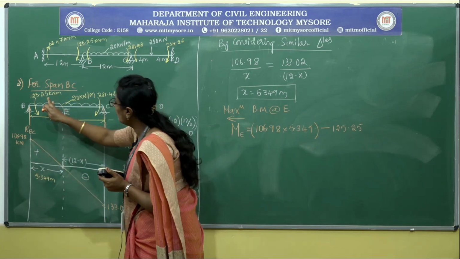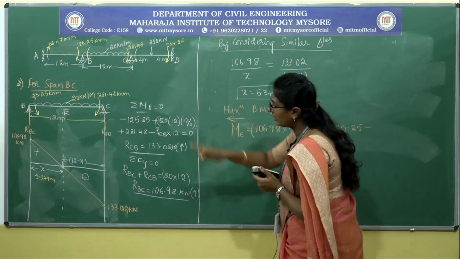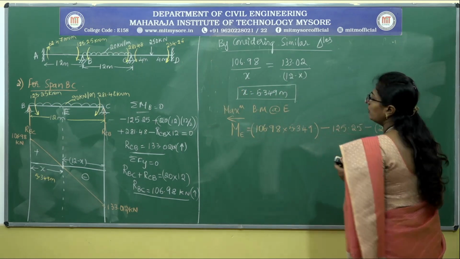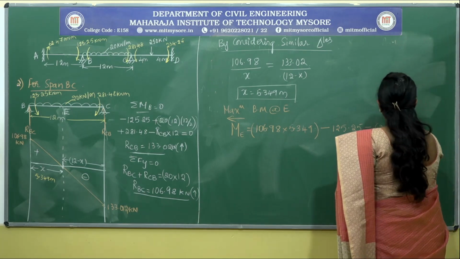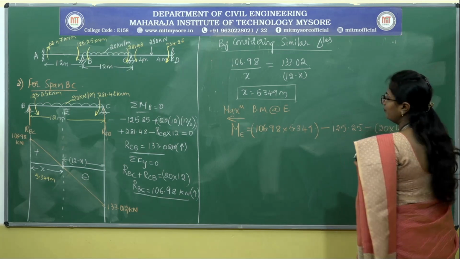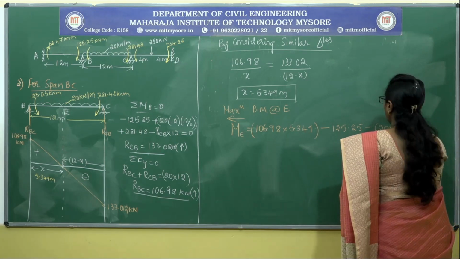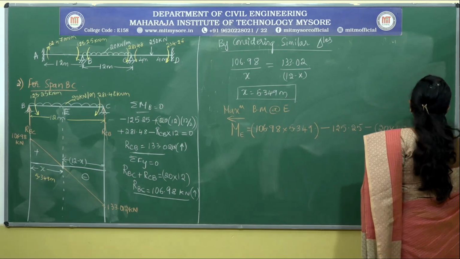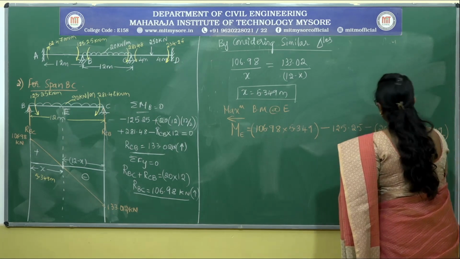Then again you have one more load, the UDL, which is also acting in the anti-clockwise direction, given by 20 into 5.349 into 5.349 divided by 2.